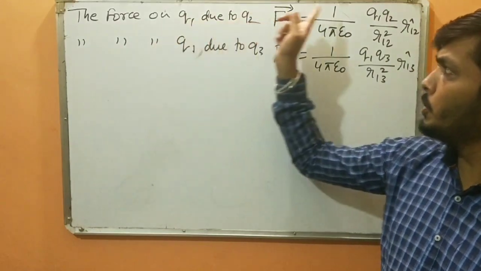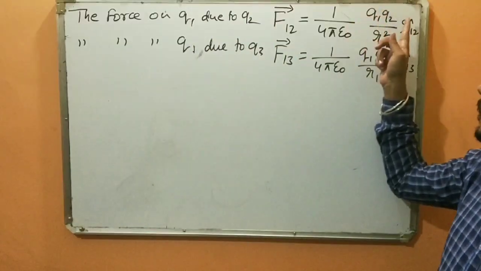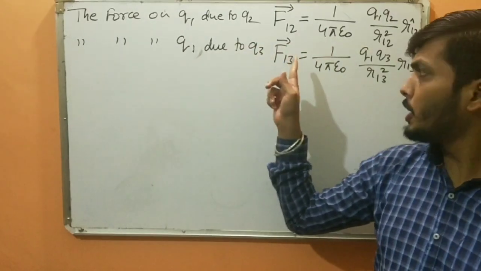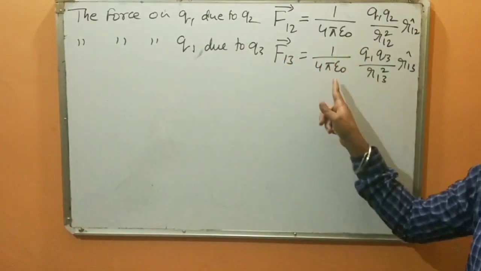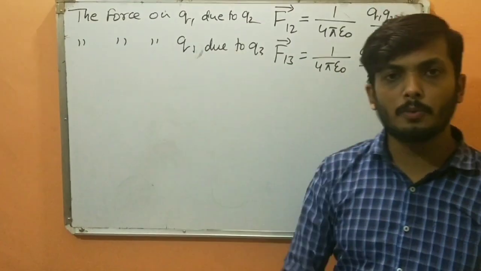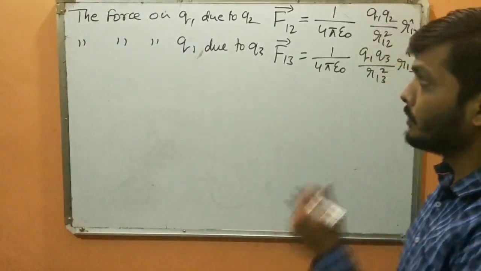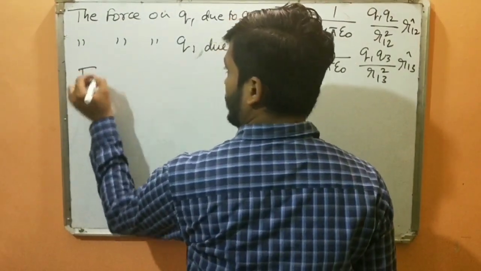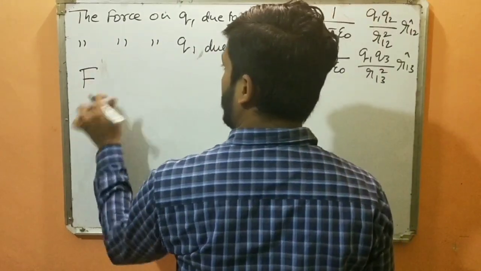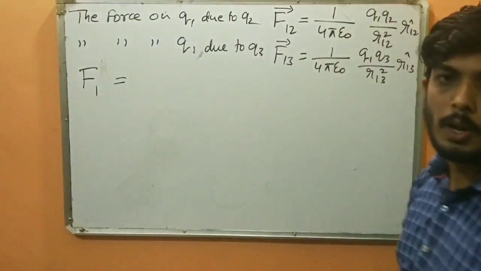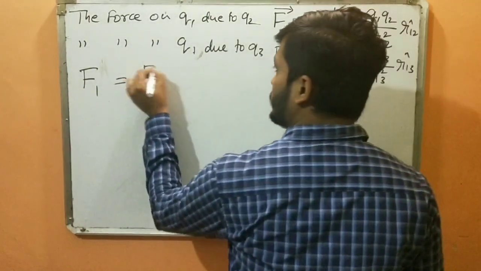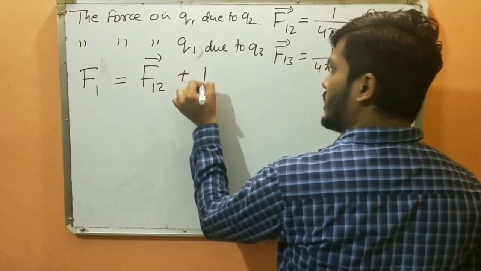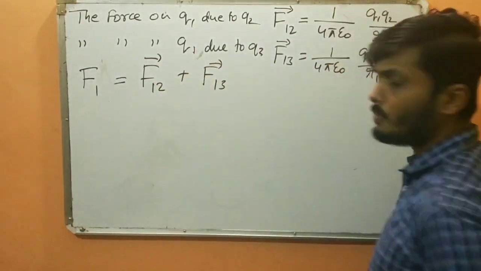So the force on charged particle 1 due to the third particle will be 1 upon 4 pi epsilon naught Q1 Q3 divided by R13 the whole square into r13 hat. So the net force acting on this charged particle Q1, I'll write F1, will be what? According to the principle of superposition, the vector sum of the two forces, so F12 plus F13. Yes or no?